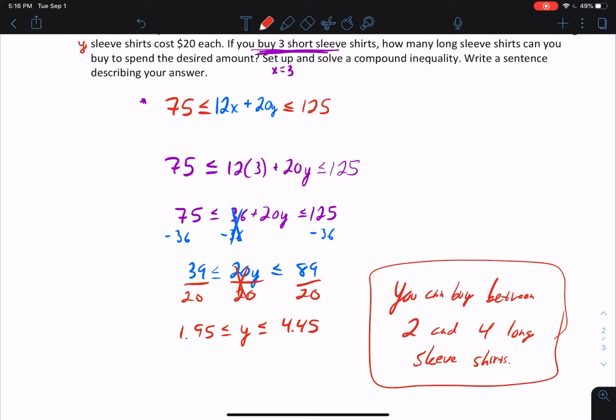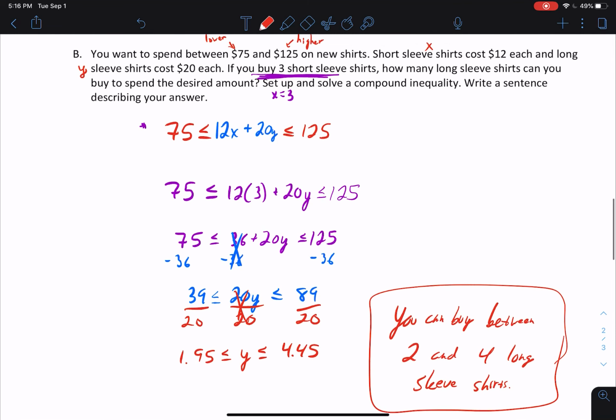Okay, we have to interpret our answer in the context of the problem. Those decimals aren't going to work when I'm dealing with a physical, tangible, long sleeve shirt. So I have to interpret that and say, well, I could buy 2, 3, or 4 long sleeve shirts because I don't have enough money to buy that 5th one.